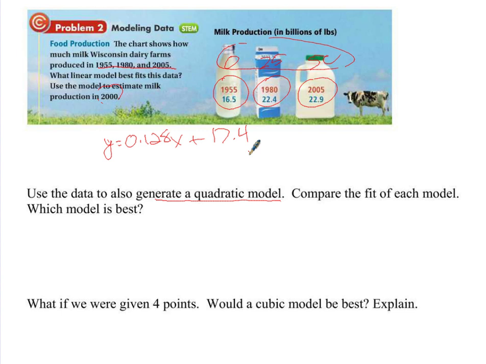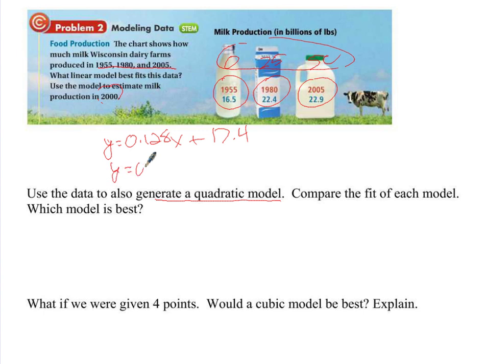It says use the model to estimate the milk production in 2000. So what am I going to do? Why 45? Right. This is 1955. 2000 is over here, but we started at year 0. So that means in our model we're going to have to plug in 45.